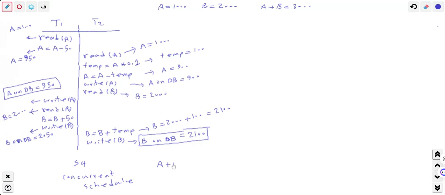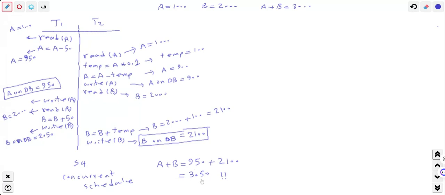A plus B will be 950 plus 2100, and it will be 3050. Okay, this means that $50 have been created in the bank.